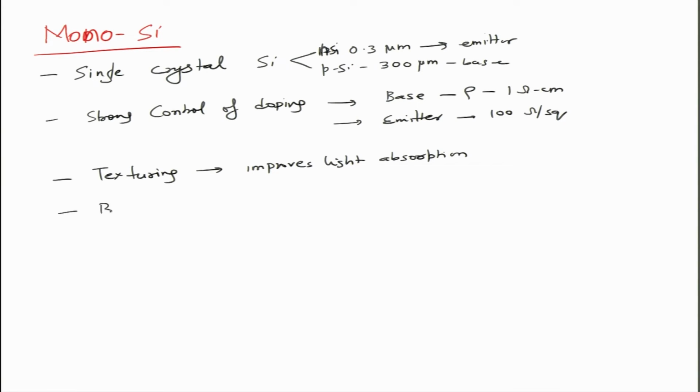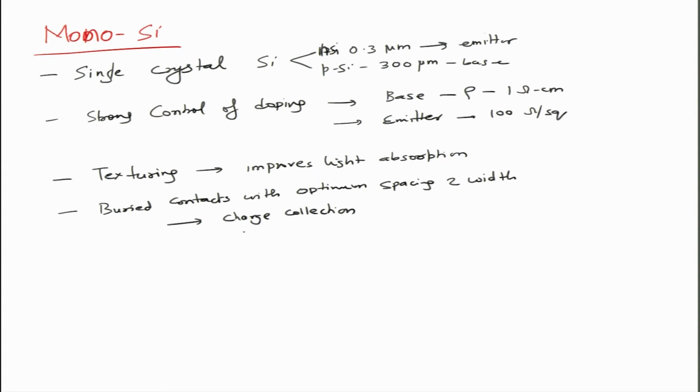Then we have buried contacts with optimum spacing and width, right. This improves the charge collection and lowers series resistance. Okay. And then we have surface passivation.